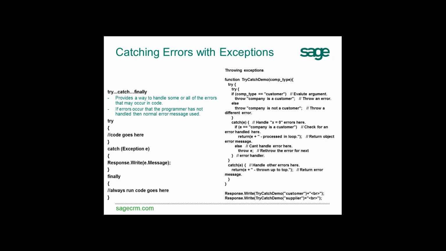It allows us to test to see whether or not a particular item is in place, and you can see a check to see whether this type of company is being referenced or not. Throw is the way in which you can deliberately force an error to happen, and then that generates an exception object, which has a series of properties that you can use.